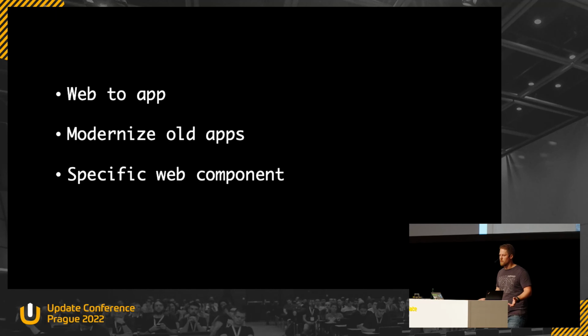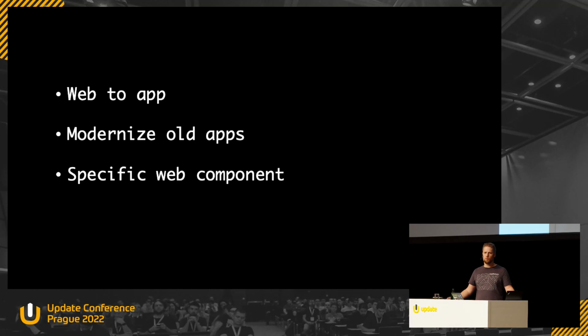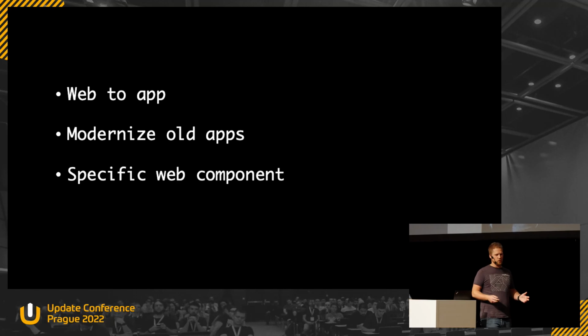So the first is if you already have a web page that you want to extend with a native app. Let's say that you have just released a really good web application, you're having a release party, and then the marketing people come to you and ask, why can't we download this from the App Store? Or we need to be able to download this from the App Store because users will find the application there.